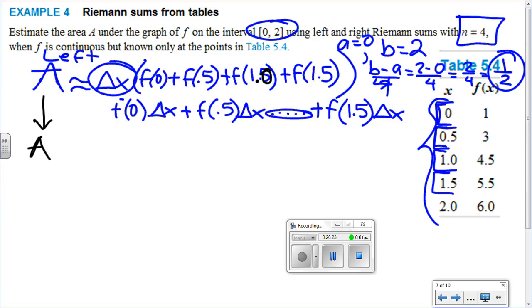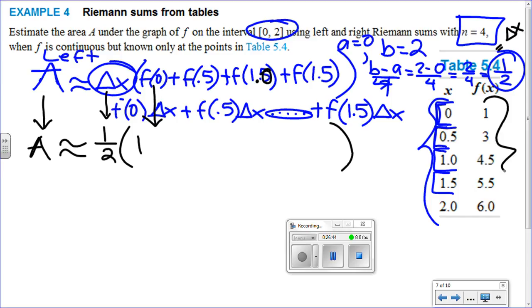Now the area is going to be approximately, substituting my delta x with 1/2, which is what we found from here, 1/2 times all those function values from the table. So what is f of 0? 1. We can see them from here. So 1 plus, what's f of 0.5? 3. What's f of 1.0? 4.